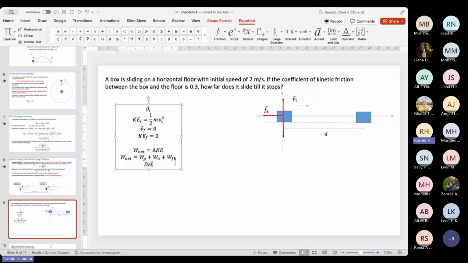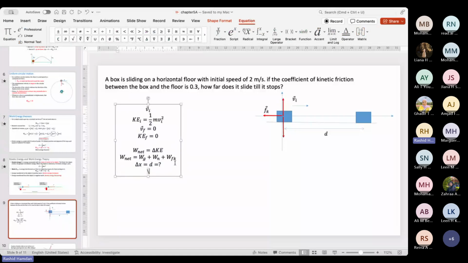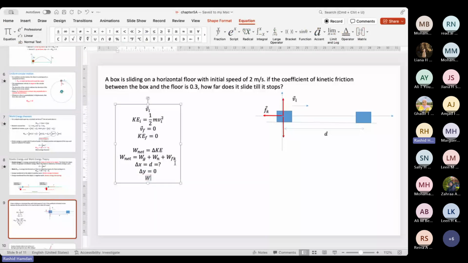So delta x is equal to d, which is what I want to find, right? So this is my unknown. And delta y is 0. So this means that the work done by the gravitational force and the work done by the normal reaction are both 0.